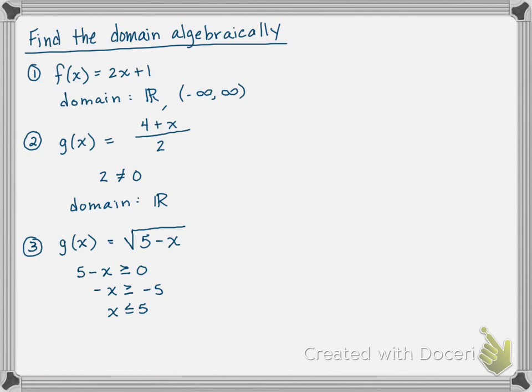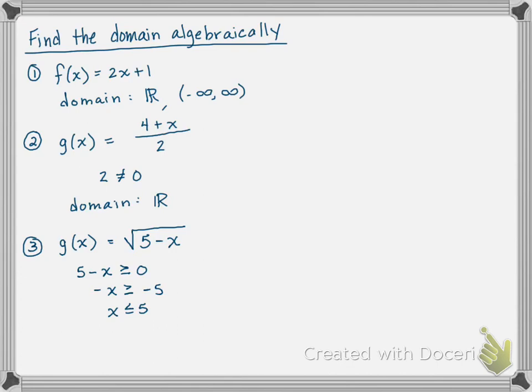And we're going to put that in interval notation. How are you guys feeling about interval notation? Is it going well? Interval notation for all real numbers? Yes. Is always negative infinity, comma, infinity. Yep. What's it going to be for x is less than or equal to 5? 5 to infinity, bracket includes 5, comma, infinity.